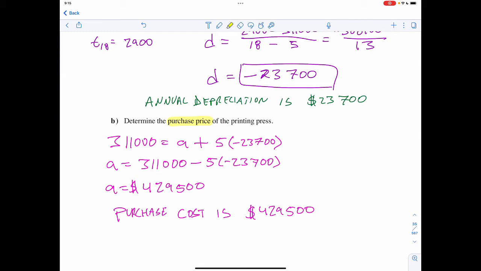Now, the key here to remember is that we said it was 5 years after it was purchased, which meant there was actually 5 changes, not 5 minus 1 changes. This is the most common mistake that happens with these ones, depending on how you create your problem.